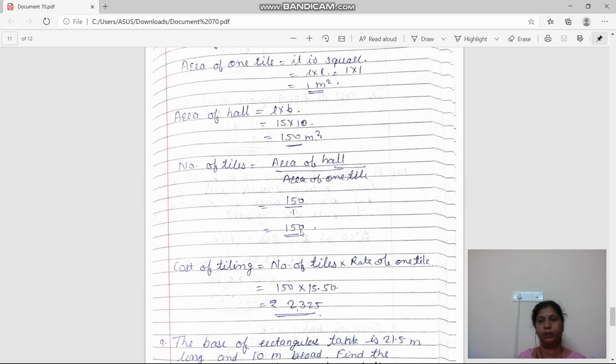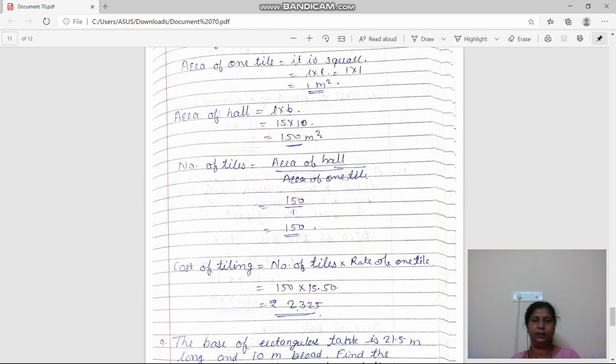We need 150 tiles. Now cost of tiling is equal to number of tiles multiplied by rate of tiles. So 150 multiplied by 15.50, we get 2325 rupees. Okay.